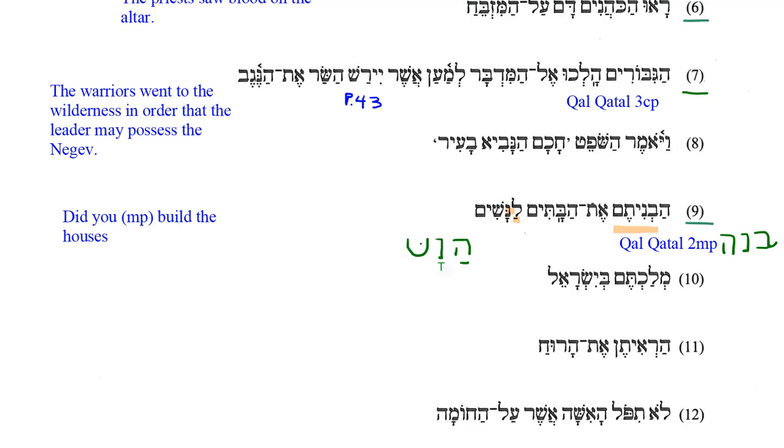We had ha-nashim, and we wanted to put a lamed in there, so the lamed comes along, and we drop out the shewa, we drop out the hey, and the lamed goes into the place where the hey was before. So we have the women. Did you build houses? And then the lamed would be 2 or 4. I think in this case it'll be 4. Did you build houses for the women? Question mark. So there's some examples of Qatal verbs in sentences.